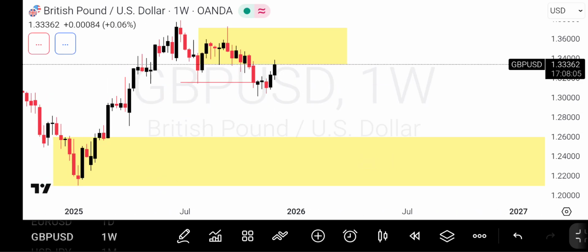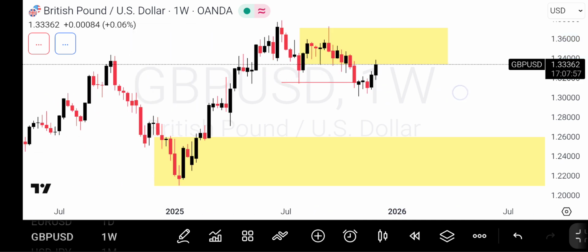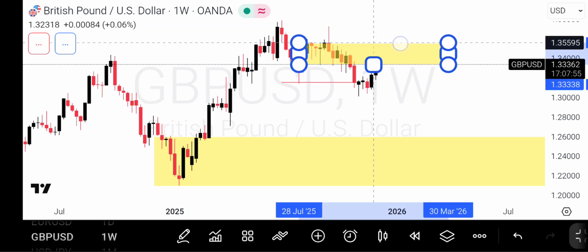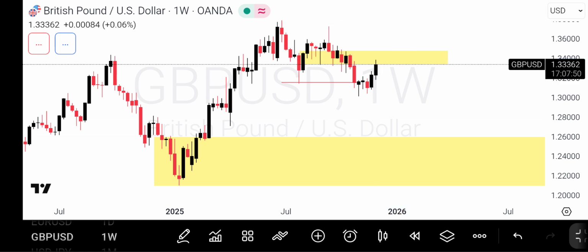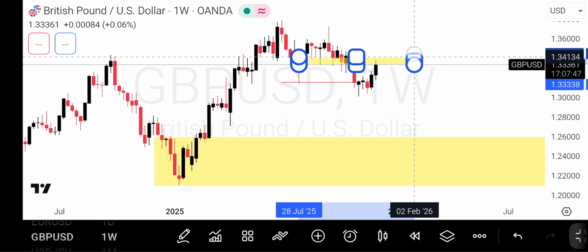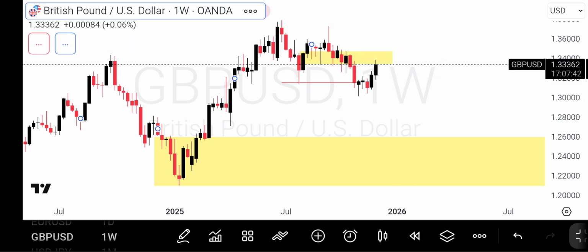So what I want to do on the weekly time frame is refine this zone, to something like this. So I've refined my weekly zone.